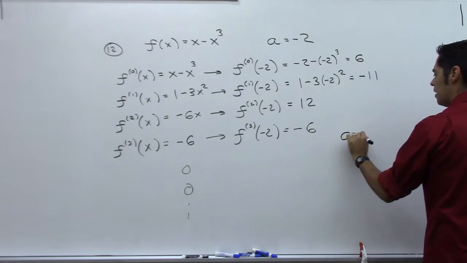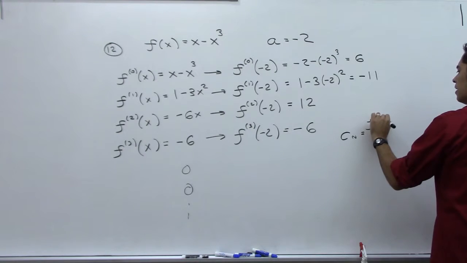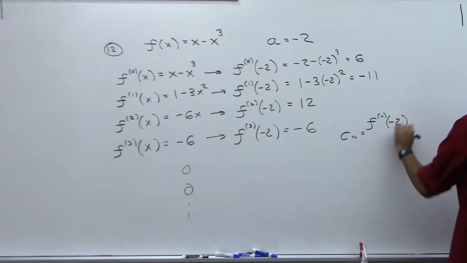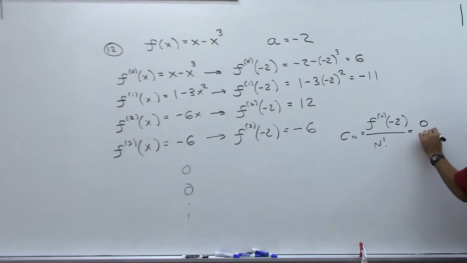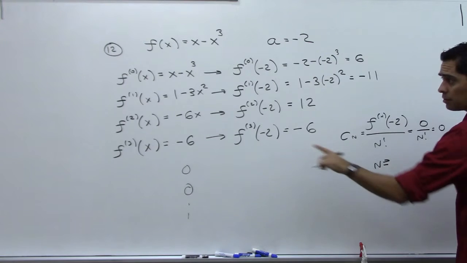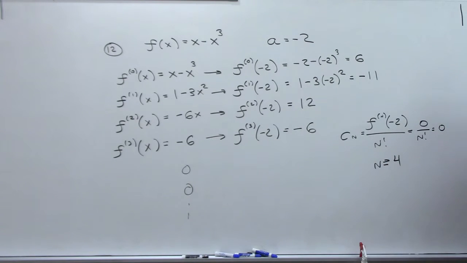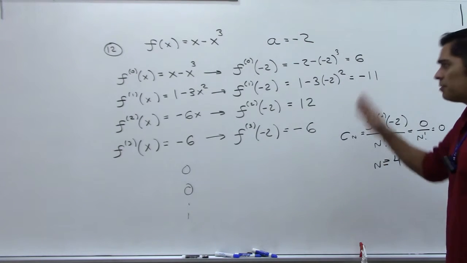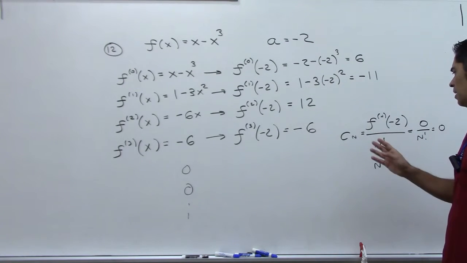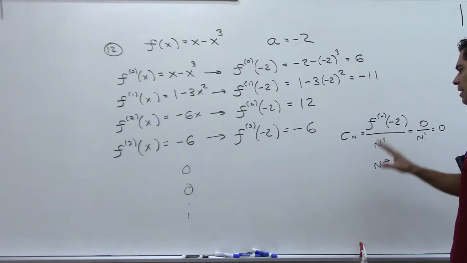So c sub n will equal the nth derivative at -2 over n factorial. That's going to be equal to 0 over n factorial, which is 0, as long as n is greater than or equal to, let's see, 4 here is where it starts. So I'm only going to have c sub 0, c sub 1, c sub 2, c sub 3, and that's it. I'm not going to have anything after that.